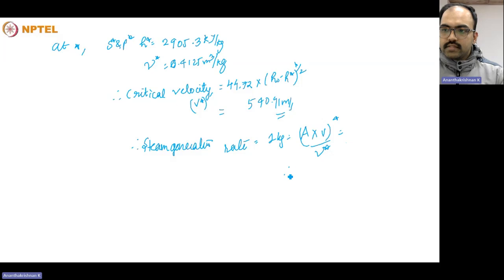So A star will be equal to nu star divided by V star, which is 7.626 into 10 power minus 4 meter squared. That is the minimum area of the nozzle.